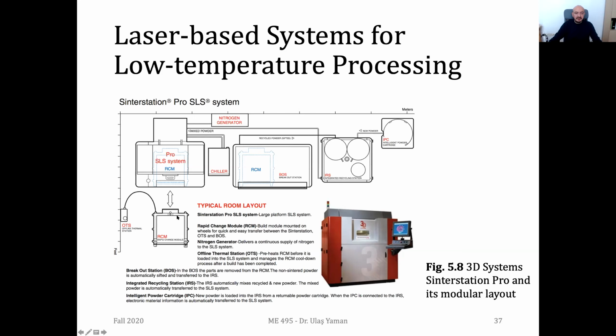Another thing we have seen also on the X1 system is the rapid change module, so you don't need to wait for cleaning or recycling operations. If you have an extra bed, you can simply push it inside and start another printing process.